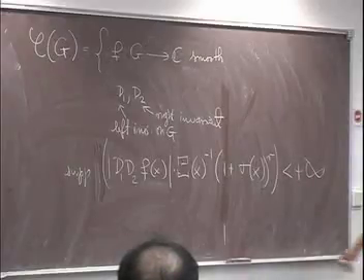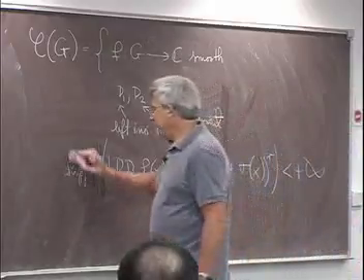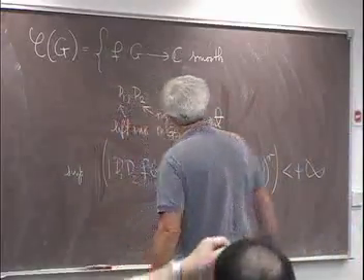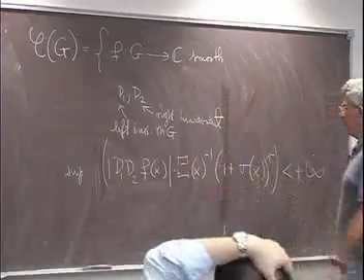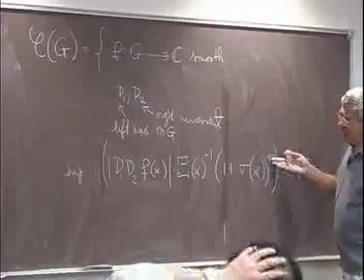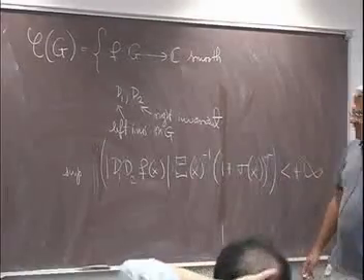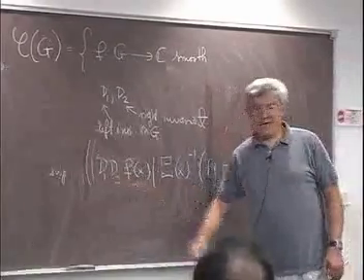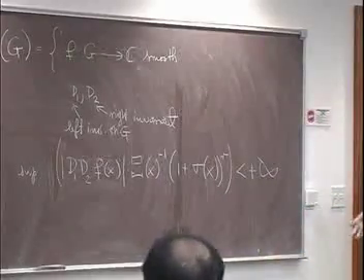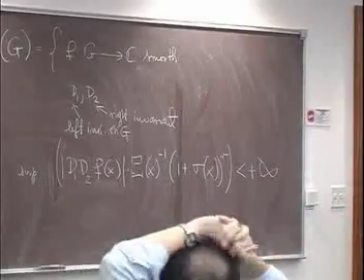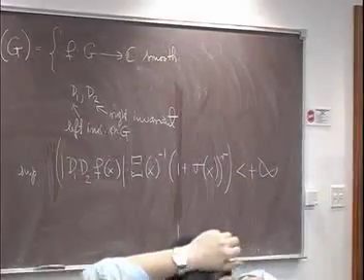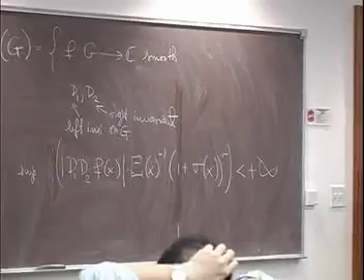This function is bounded for any r, of course we care just for positive r's, and for any left and right invariant differential operators. And this gives a family of seminorms, and this family of seminorms defines a locally convex topology on this.